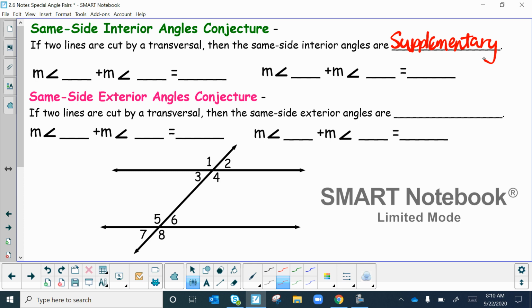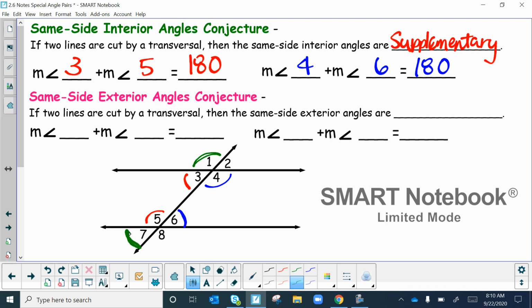So in this case right here, if we're looking at the same side interior, that's 3 and 5. So angles 3 and 5, those two are always going to add up to equal 180. The other set of same side interior is 4 and 6. 4 and 6 as well will always add up to equal 180 because that's the definition of supplementary. Let's take a look at the same side exterior, 1 and 7. Clearly not the same.